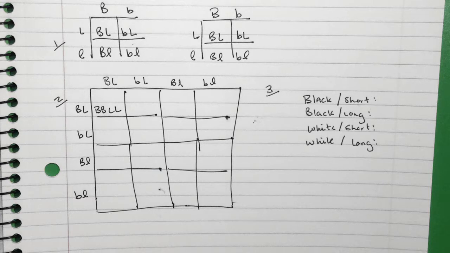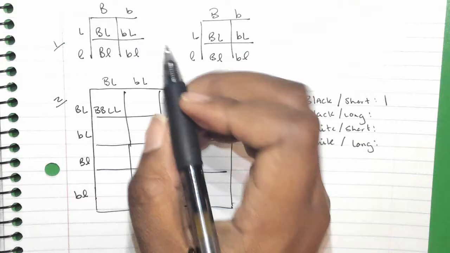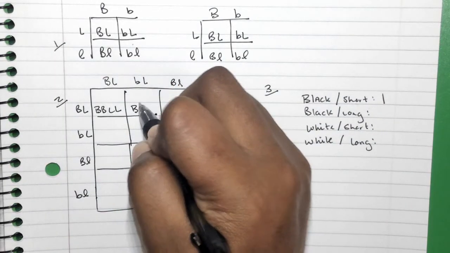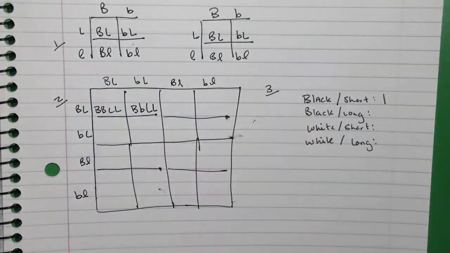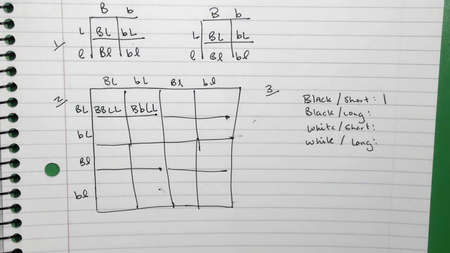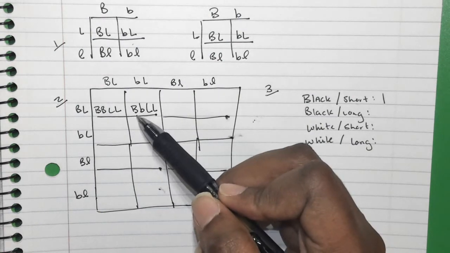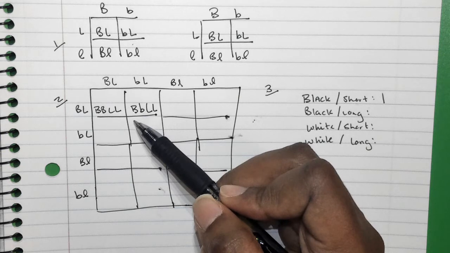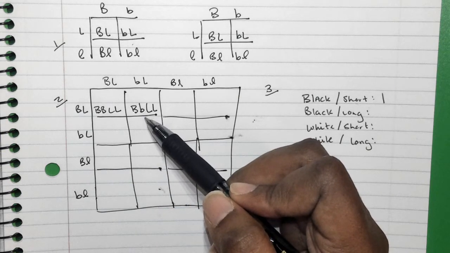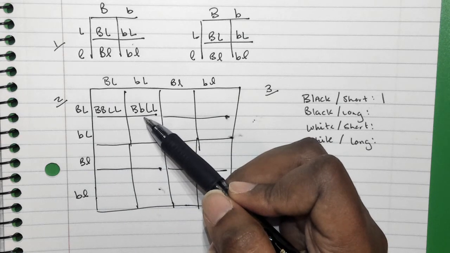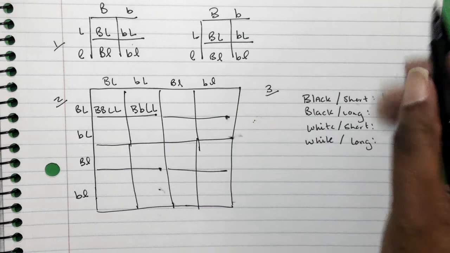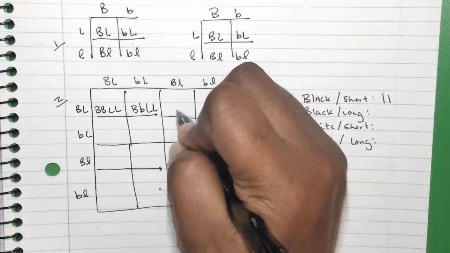Big B, big L, big L. Big B means that the guinea pig will be what color? Black. And then big L means it will have what? Short. So it's going to be black short.